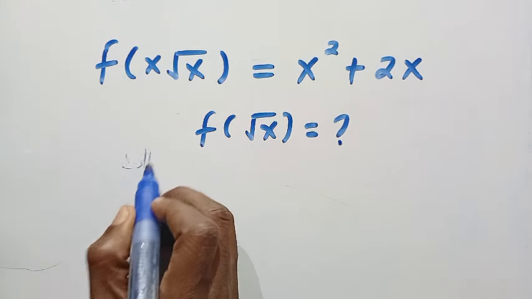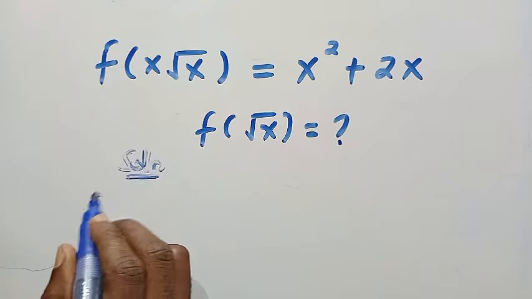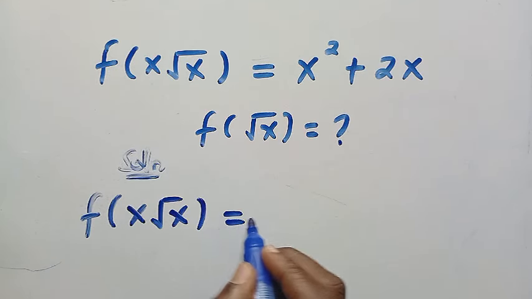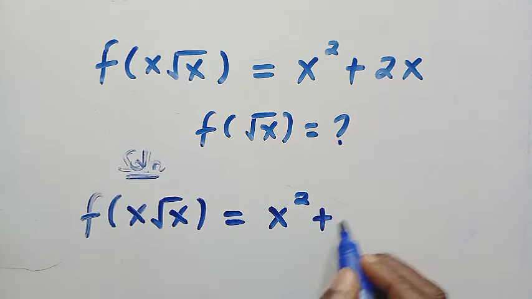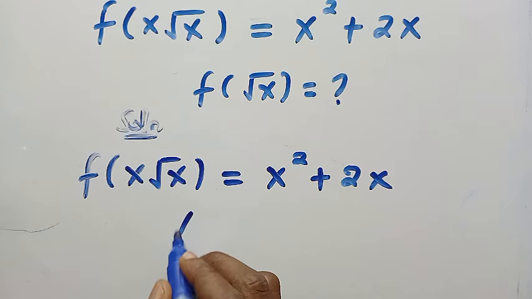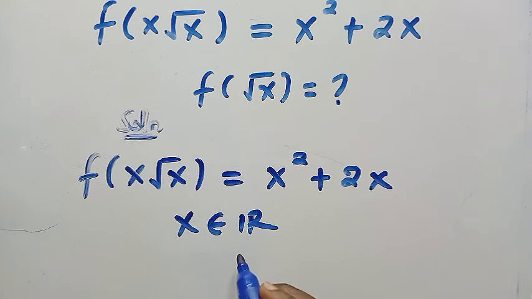If you consider the solution from here, from the question we have f of x root x equals x squared plus 2x. The x here is a member of the real numbers, which means we are dealing with real space, not complex space.